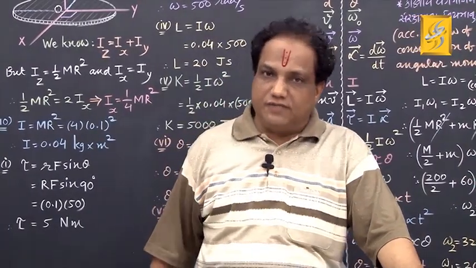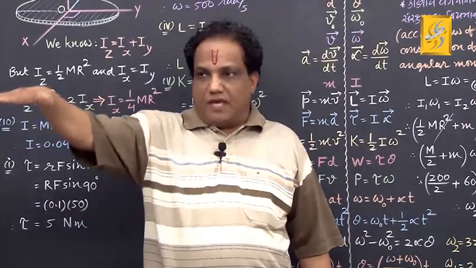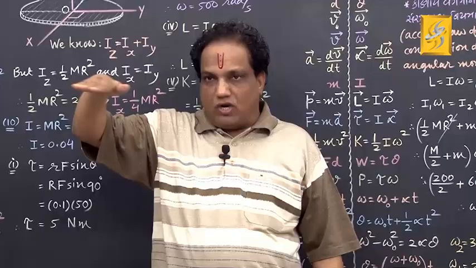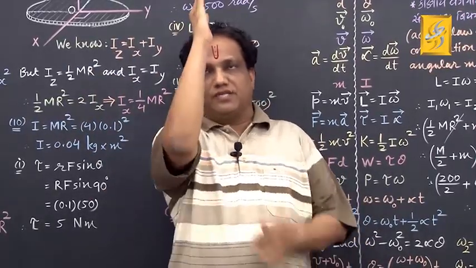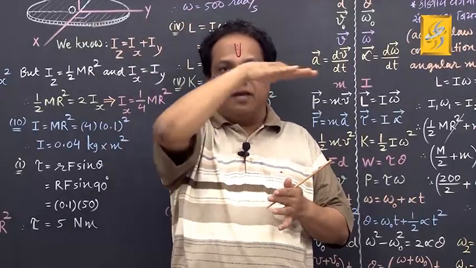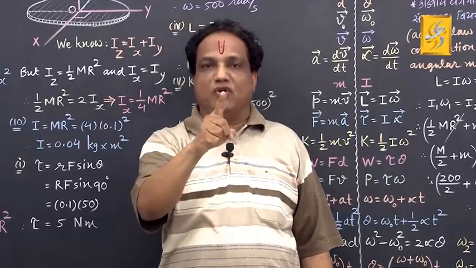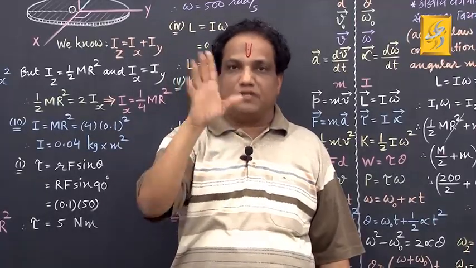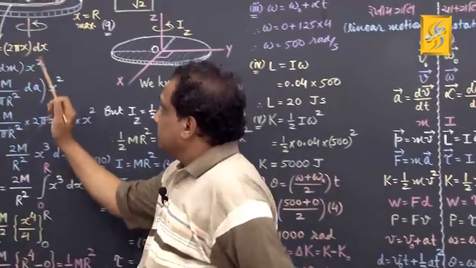Come on, have you read it? Tell me what is given to us. Extremely thin solid circular disc which is rotating about an axis passing through its center perpendicular to its plane. And at that time we are asked to find out moment of inertia of that disc about that axis. Let us find out.